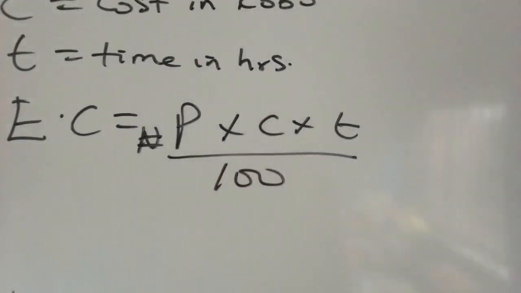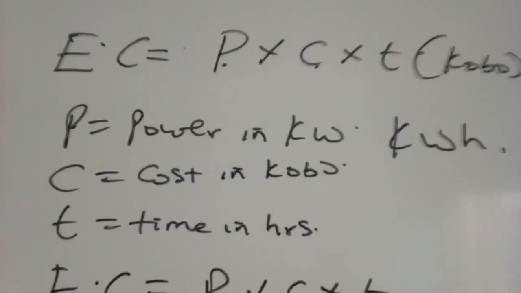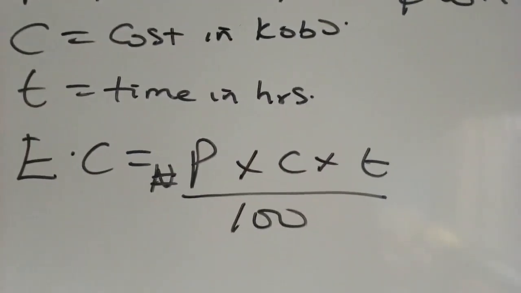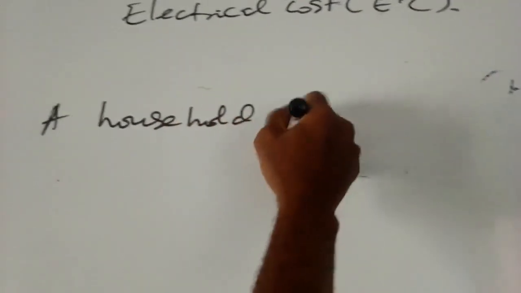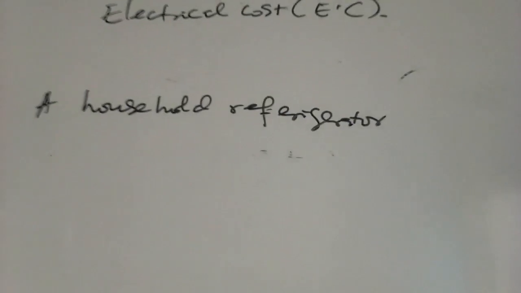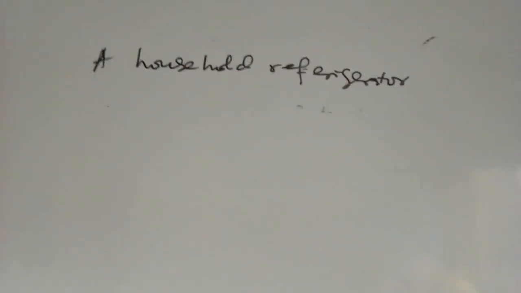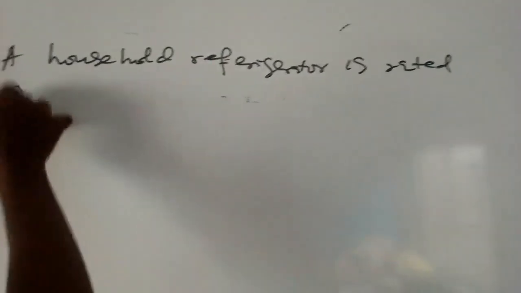So let's see how this plays out in the next problem we're going to use. We have a problem that says a household refrigerator is rated 200 watts.